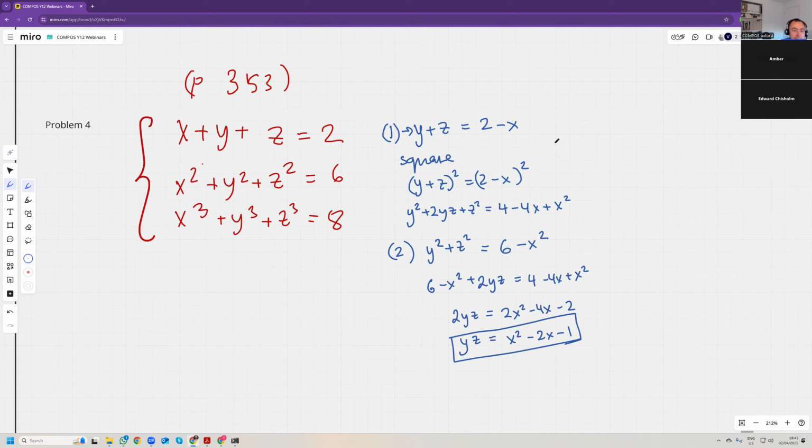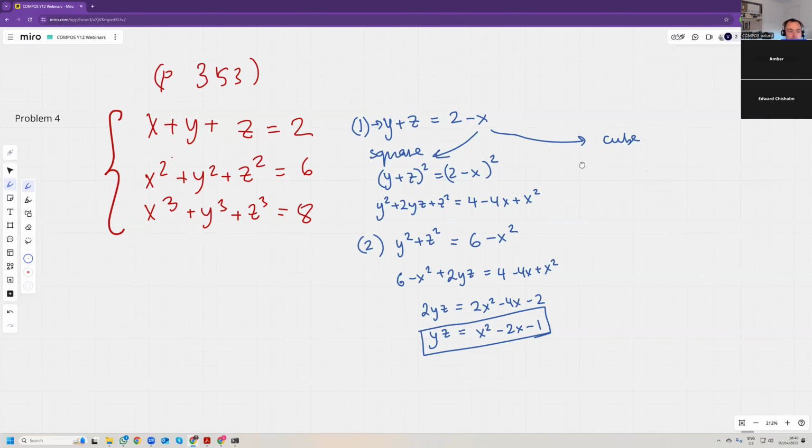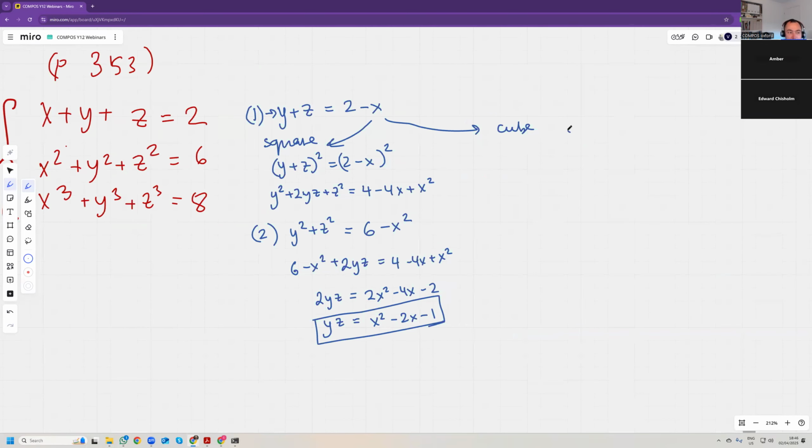Now take the same equation number 1, and then we're going to cube it. So we're going to have (y plus z) cubed equals (2 minus x) cubed.